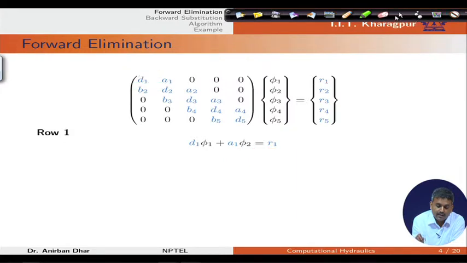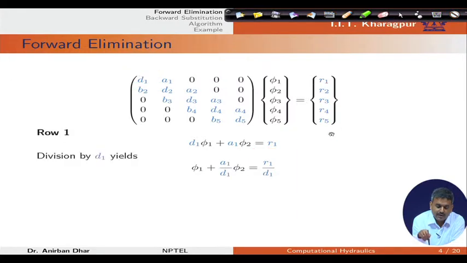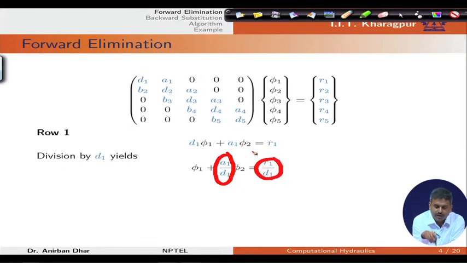Then we can straightaway divide by this D1, which yields phi 1 plus A1 by D1 phi 2 equals R1 by D1.